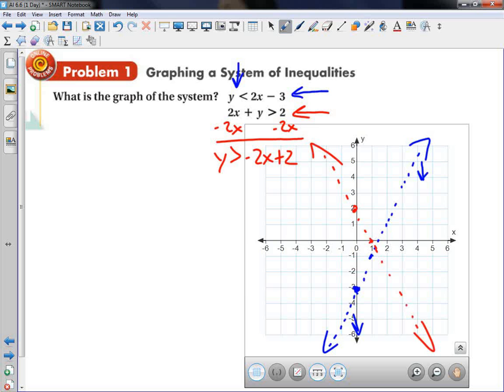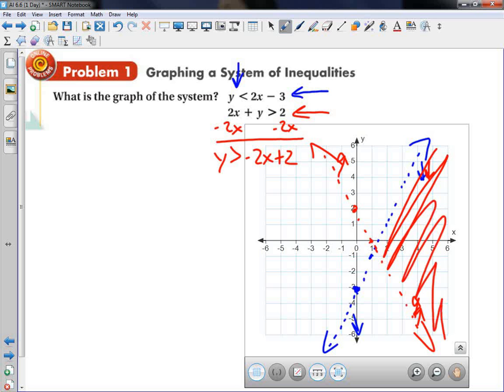And on the red line, we said we're going to graph above. So I've taken an arrow and I just point above. And then I look at here and I say, what section are both arrows pointing at? If we look, we can see that both arrows are pointing to this section right here. So that's the only section I'm going to shade, because that's the only one that's double shaded, and that's the only one I care about. And that whole graphed region is the solution. So anything that's in the shaded region is a solution. Okay?